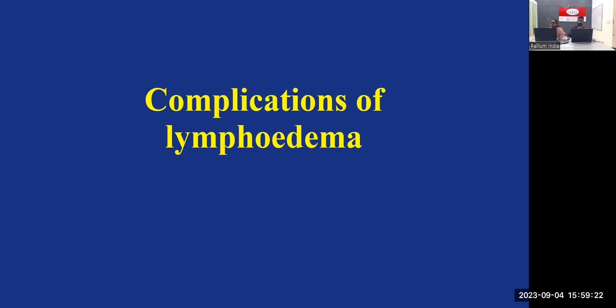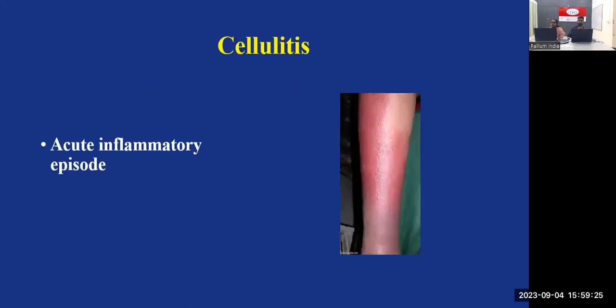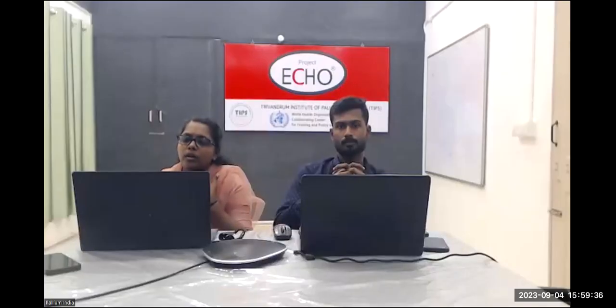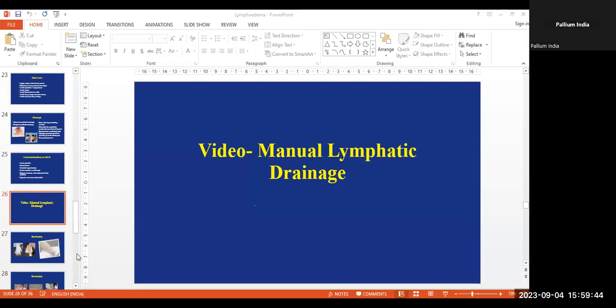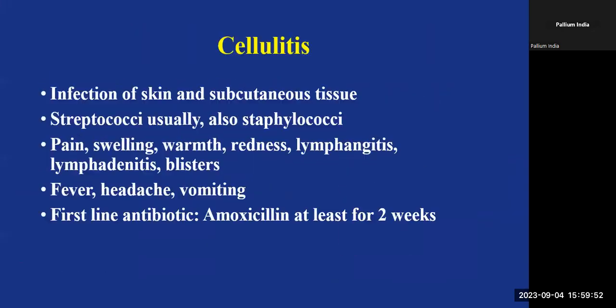There are two major complications. One is cellulitis, and the other one is lymphorrhea. Cellulitis, we all know, is an acute inflammatory episode. So if there is cellulitis, you have to educate the patient to take antibiotics.